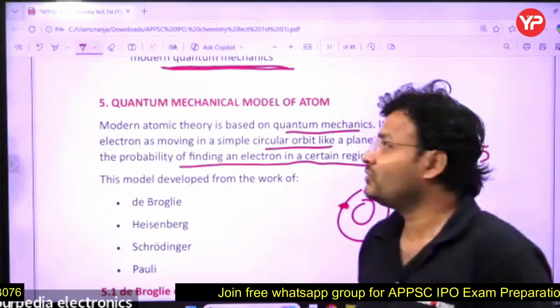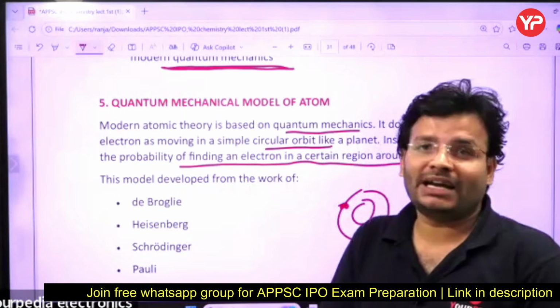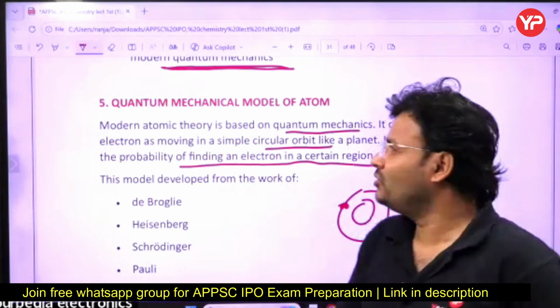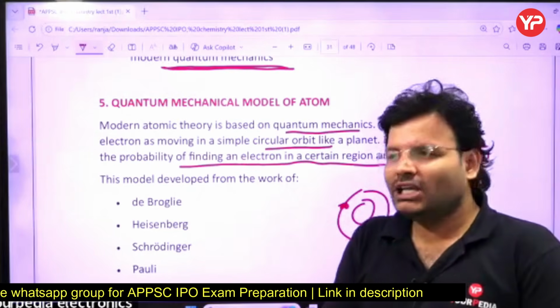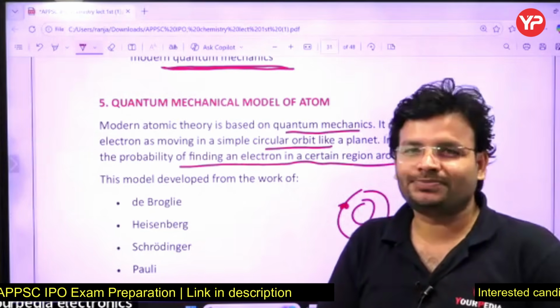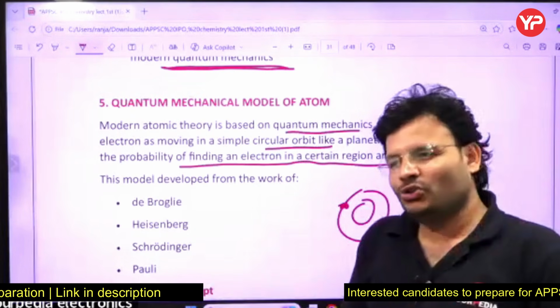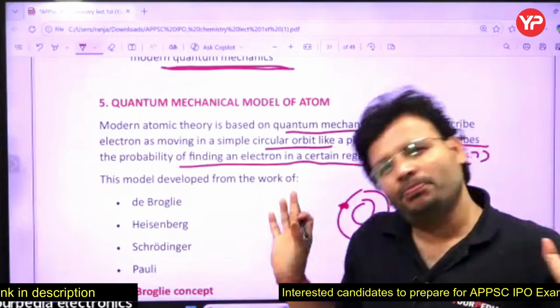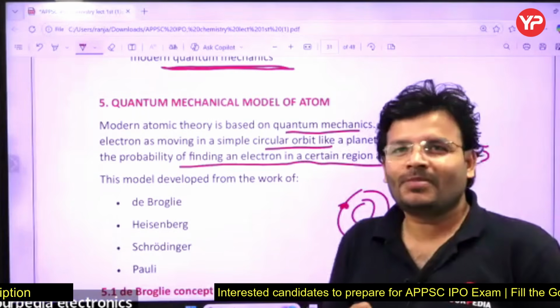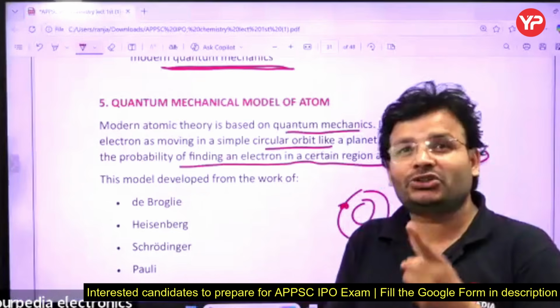That is the first thing to talk about in the modern atomic model, in which you talk about quantum mechanics. In quantum mechanics you always talk about the probability of getting anything. Earlier it was said the electron is fixed there, probability is 1. But according to quantum mechanics, the electron will not necessarily be there.